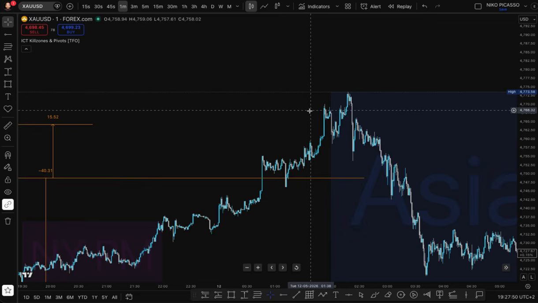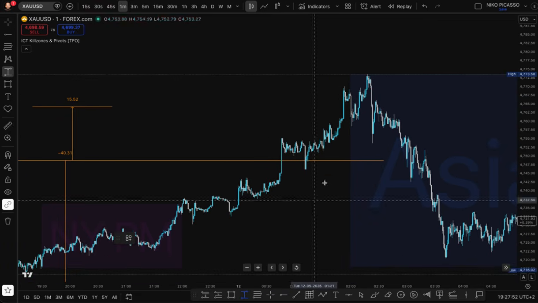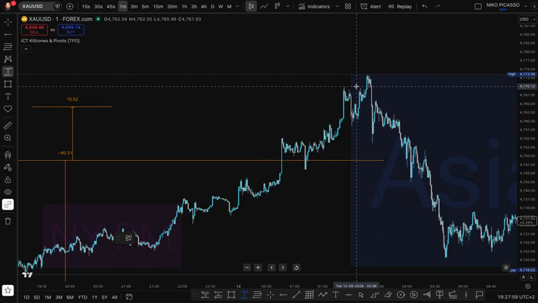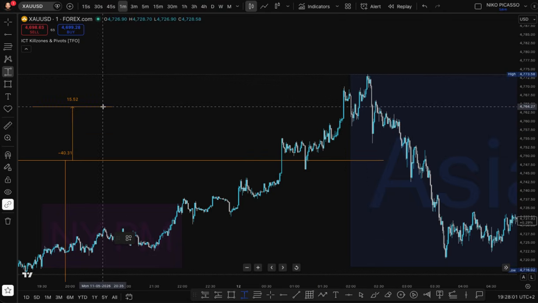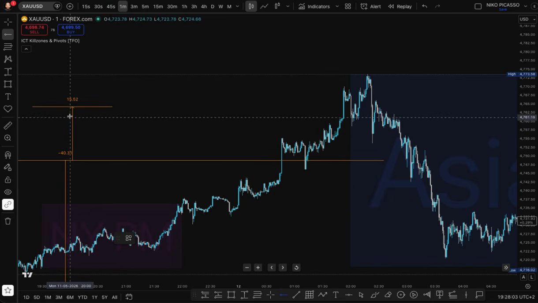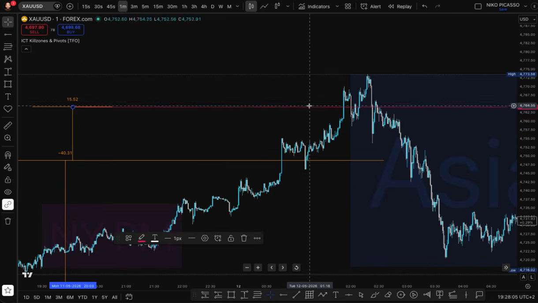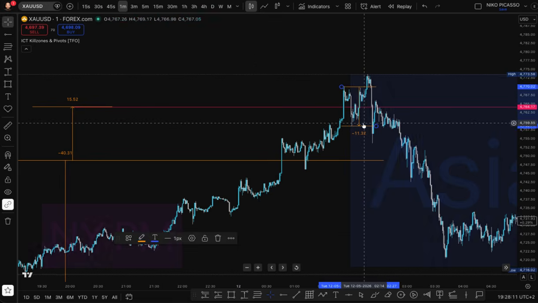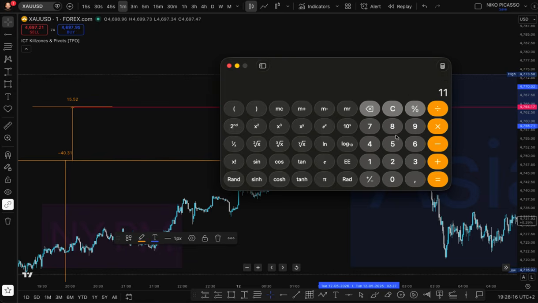So then you can repeat the process like so, because we have a swing high, swing low, the market breaks a little bit higher, right? Because this is our level. Our level is right here to sell, and the market goes slightly higher. So what we can do is readjust because the market breaks. So that's 11. We divide that by 2.6.